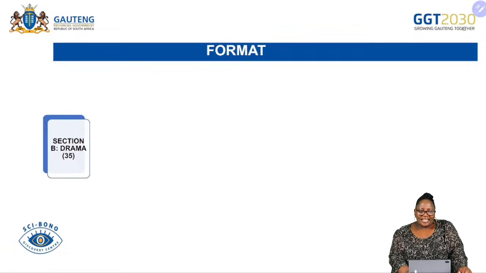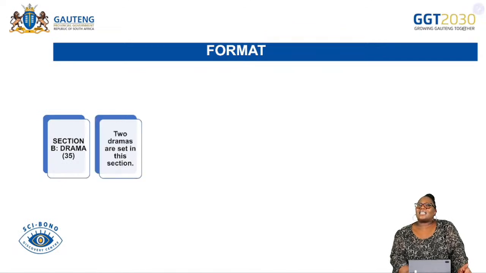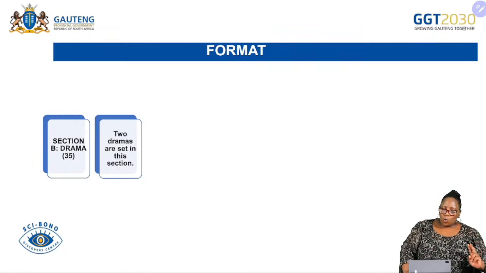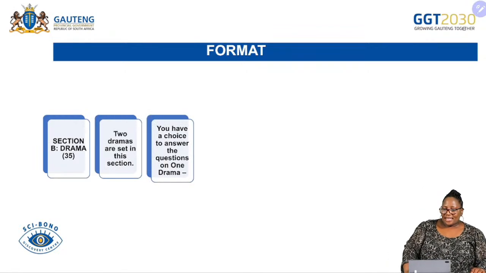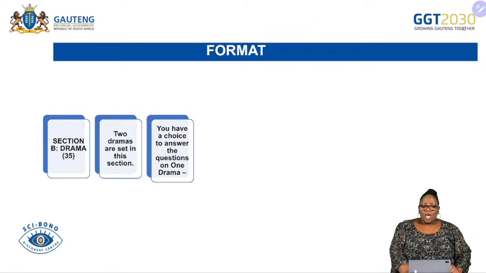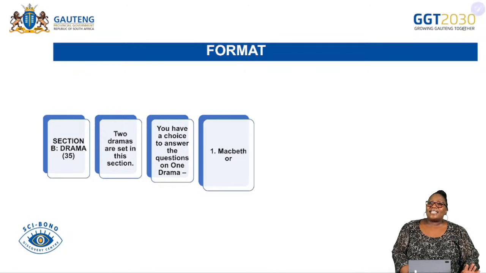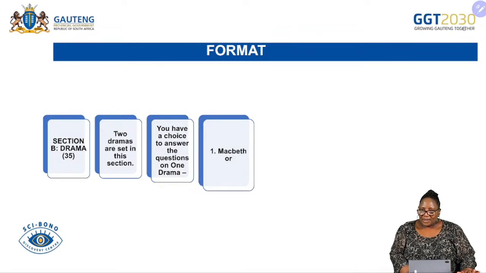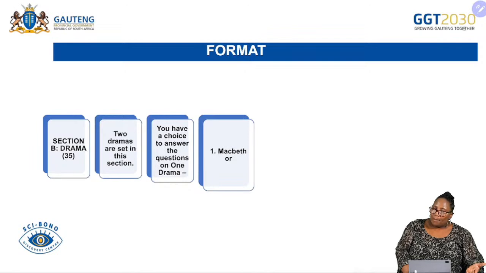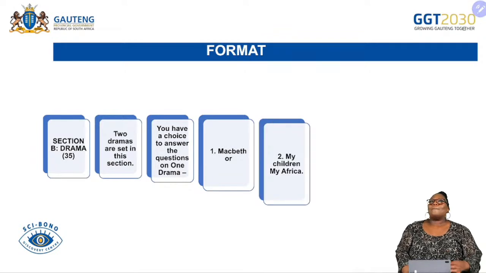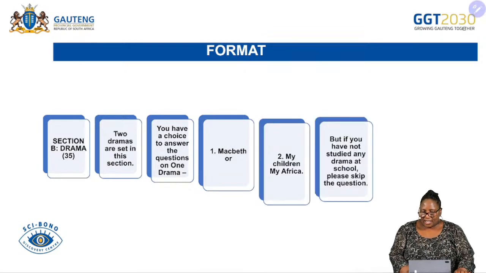The next section in the question paper is drama. We have 2 dramas in this section. You have a choice to answer the question on 1 drama, that is either Macbeth or My Children, My Africa.